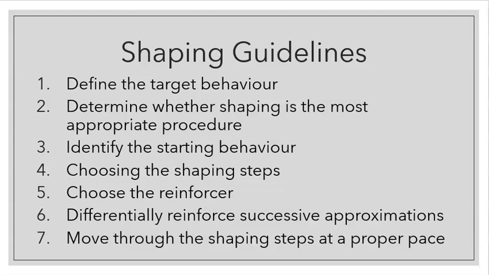If so, you don't need to shape it. If not, you will need to obviously undergo shaping. Then you need to identify what your starting behavior is. So with that rat, remember the starting behavior was just approaching that side of the box. Okay, and then you need to actually decide before you start what your shaping steps will be. Otherwise, it can get confusing.